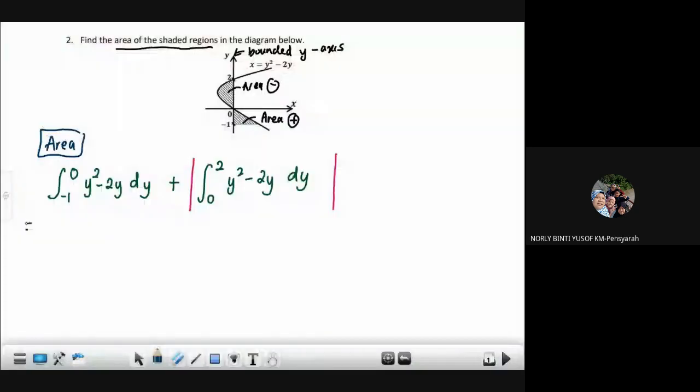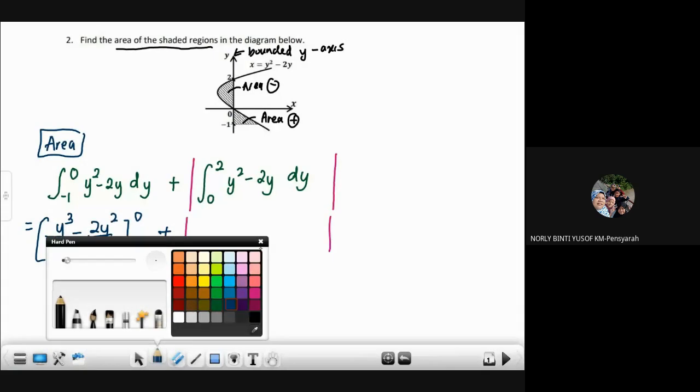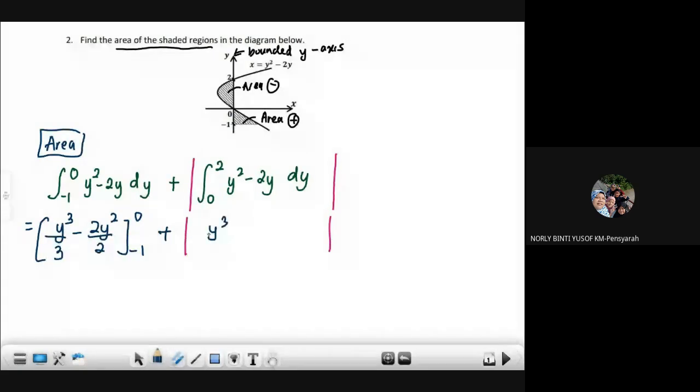Okay, jadi kita carilah dia punya integration y cubed over 3 minus y squared over 2 from 0 to -1. Okay, and then plus the modulus sign with the integration same, y cubed over 3 minus 2y squared over 2 from the upper limit 0 to 2.